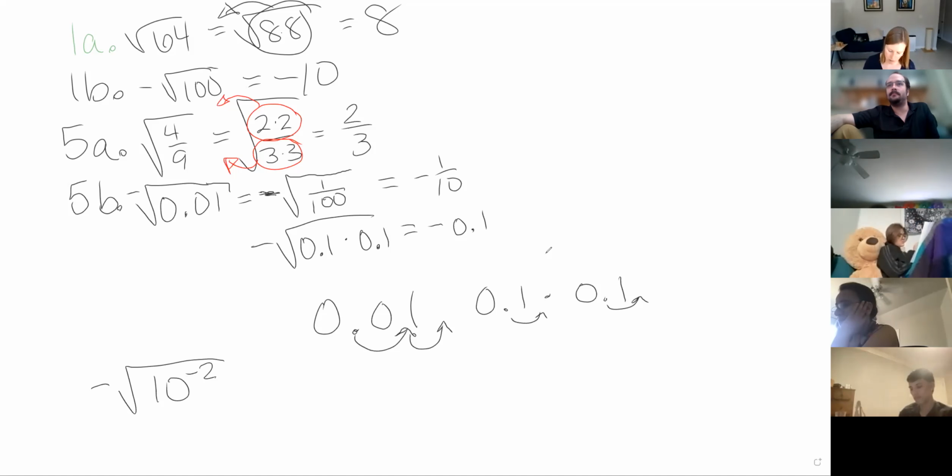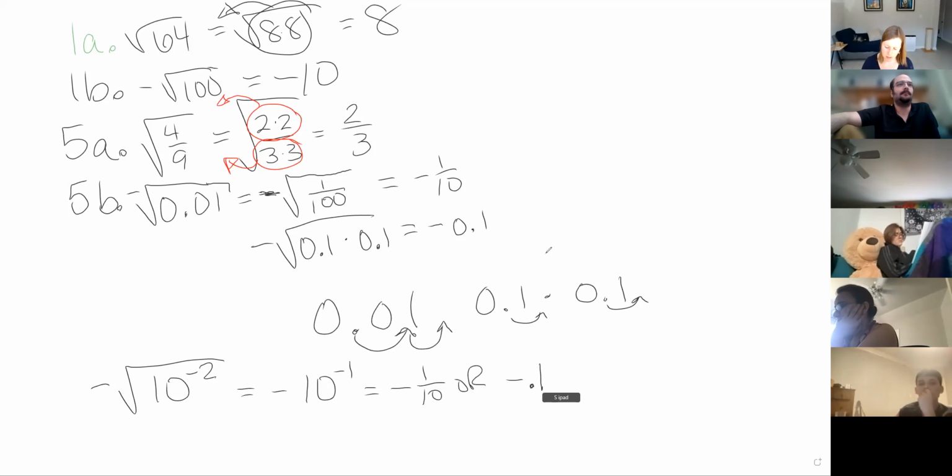And then the square root of 10 to the -2 is just 10 to the -1. -10 to the -1, which is the same as -1/10, or you could have said move the decimal back 1. So then it'd be -0.1. There's a couple ways to solve this one. Again, for me, I'm more prone to the fraction one, but you could use scientific notation, you could use decimals, you could use fractions.